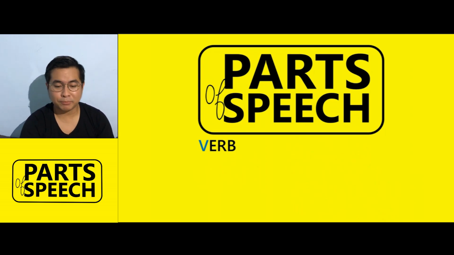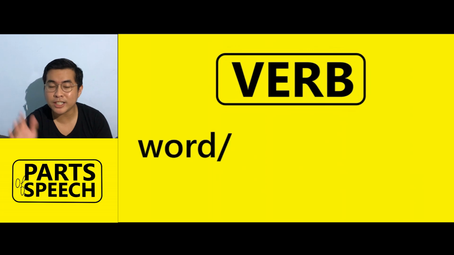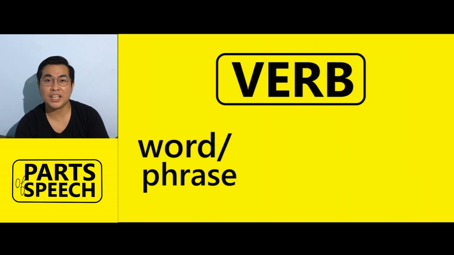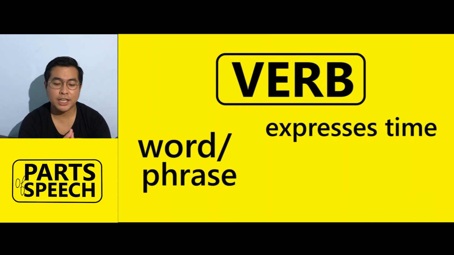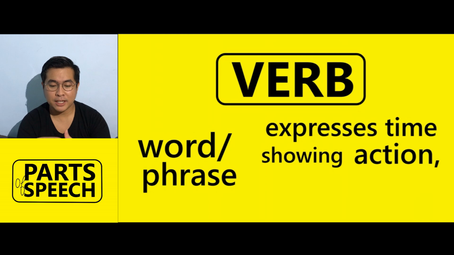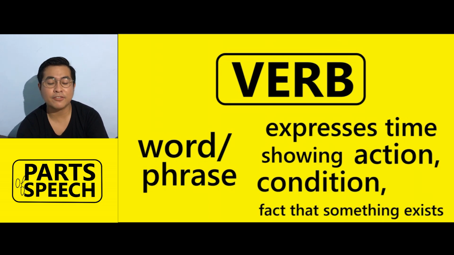We have the verb. The verb, in its basic manner, is a word or phrase or group of words that expresses time. That's why you have your verb tenses. Okay, that time element in a sentence that will signal to you that there is an action being made. And then you have showing action, condition, and the fact that something exists.